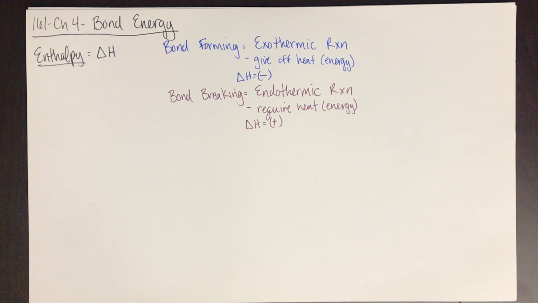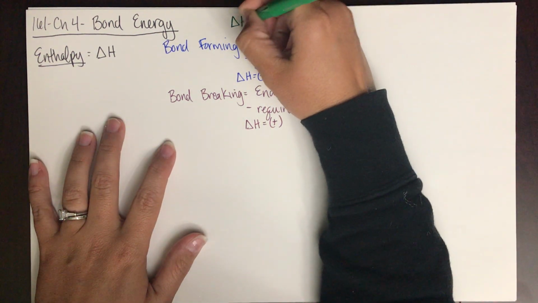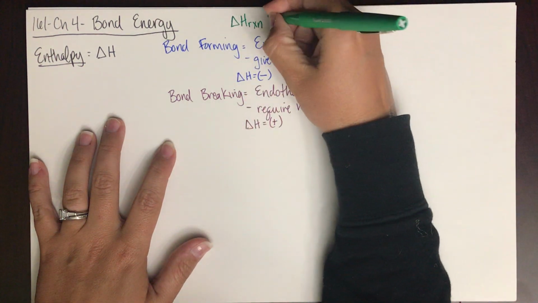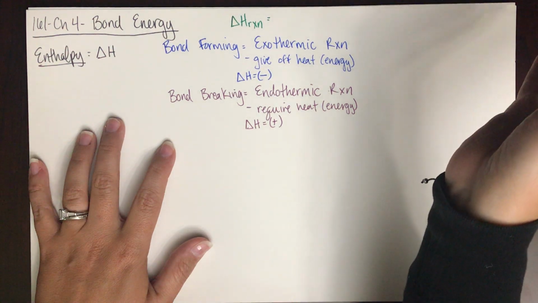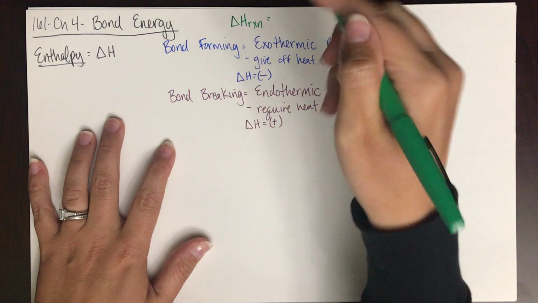So the way that we're going to determine the overall change in enthalpy for a reaction is this equation up here, which looks a little bit scary, but I'm going to walk you through it. Delta H of the reaction, so the energy change for the reaction, is always products minus reactants, final minus initial.